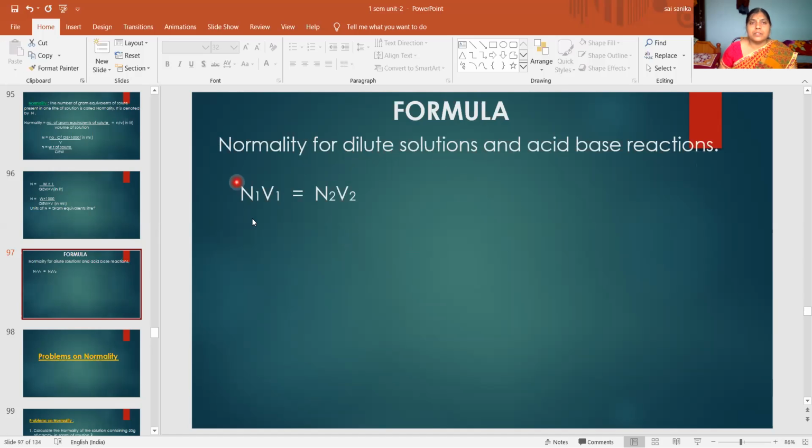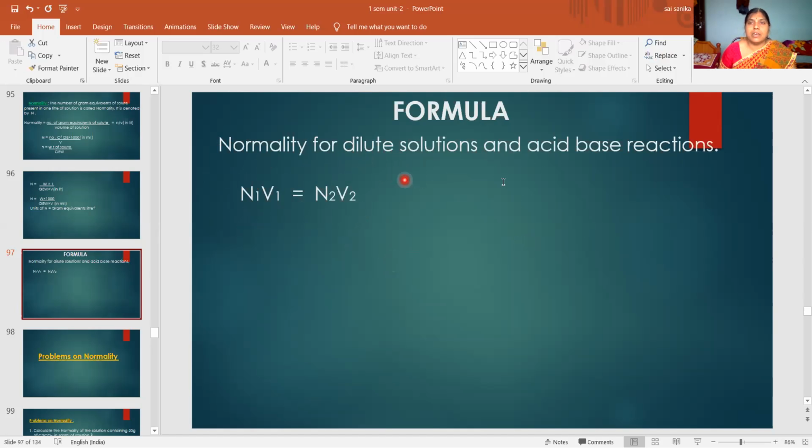So N1V1 is equal to N2V2. This is the formula used for dilute solutions as well as acid-base reactions. Whereas for molarity, acid-base reactions use a different formula and dilute solutions use a different formula.